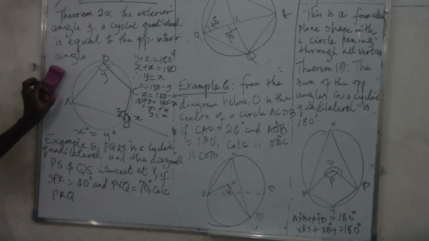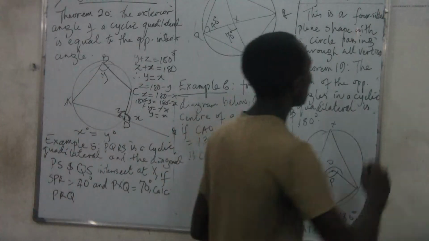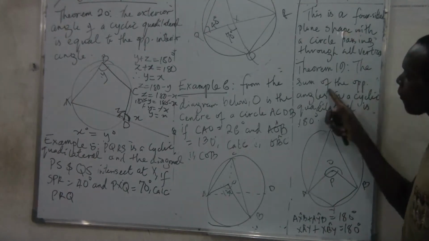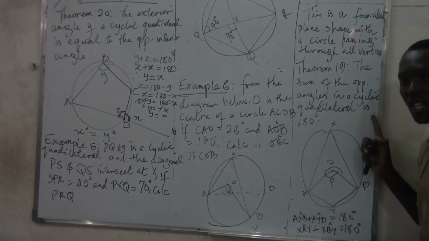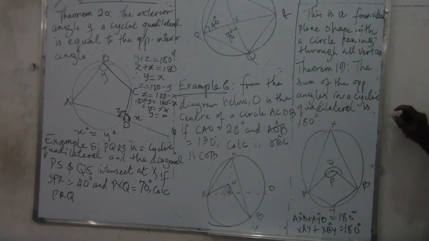Let's take some examples to illustrate this explanation. Let's go over the theorem again. From theorem 19, we said that the sum of the opposite angles in a cyclic quadrilateral is 180 degrees.